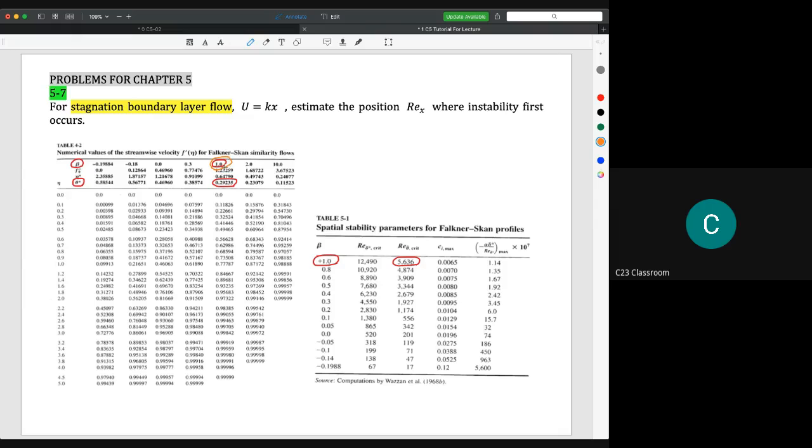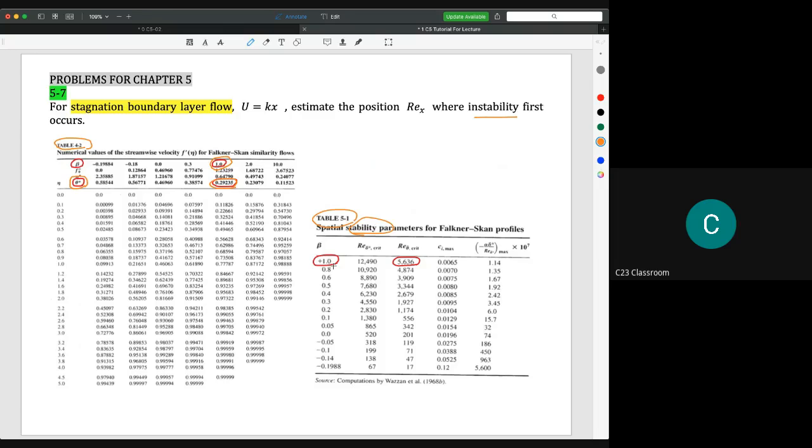So we take this one, and then the theta star, the momentum thickness, is given in this table, and then another table. So this is table 4.2. And then from another table here, we could get the stability because we need to answer this question. We need to ask about the stability. So we take the stability parameter listed by Falkner-Skan profile.